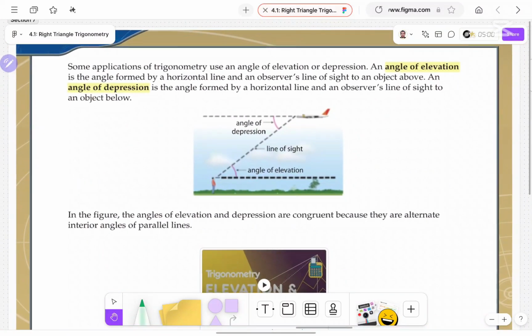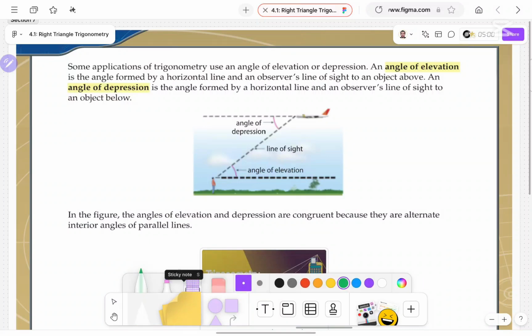Now, let's go to the last part of the lesson, which is angle of elevation and angle of depression. If you look at the picture in front of you, look at this one here. So let's say I'm standing here on the floor. Let's say my height is equal to 178 centimeters. Now, if I look straight from my eyes, so this is my sight line, because I'm looking straight.